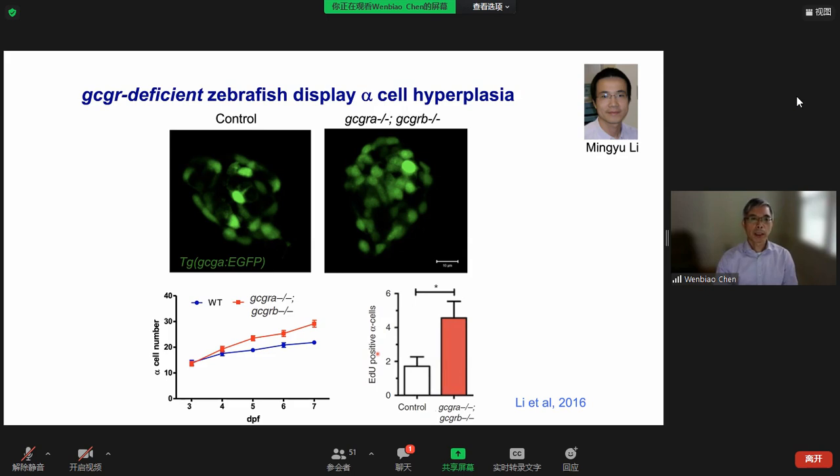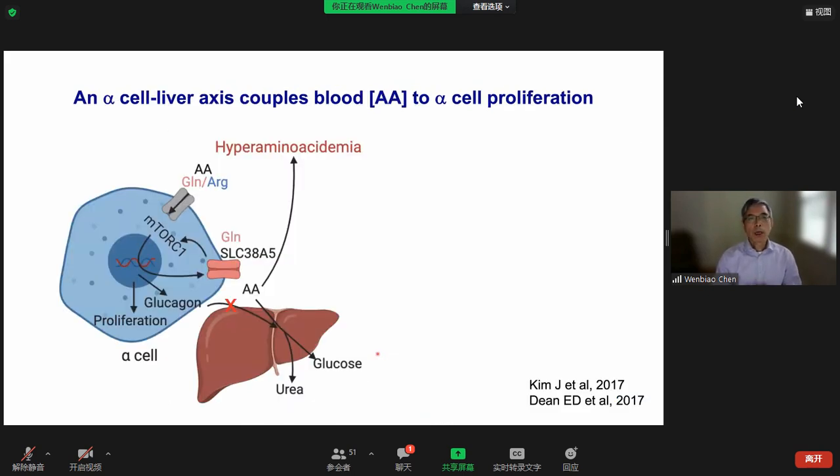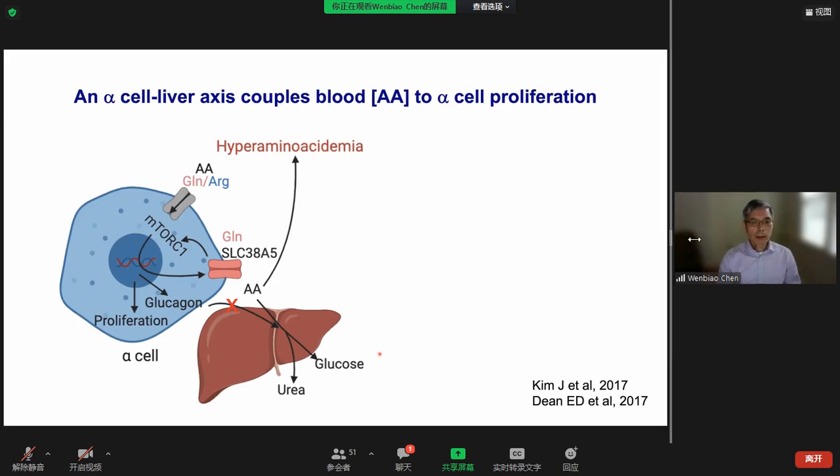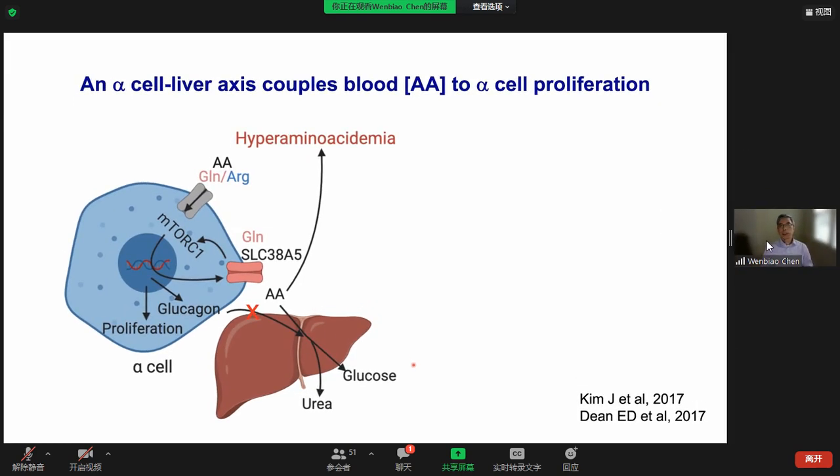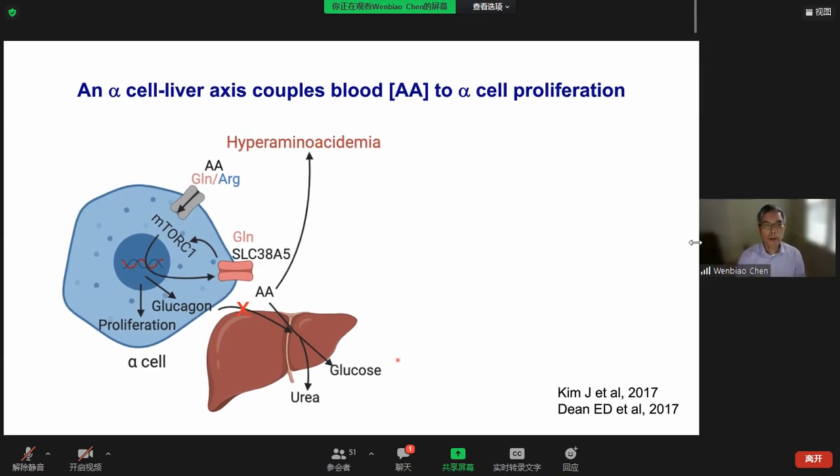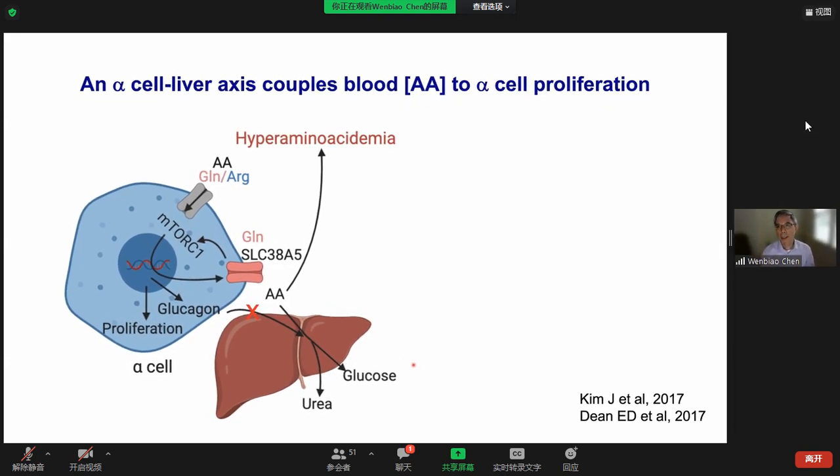And we found that the mechanism of this glucagon receptor deficiency-mediated alpha cell proliferation is due to increased amino acids in the blood. We know that the liver is involved in amino acid catabolism, to do gluconeogenesis and also for the urea cycle. And this depends on glucagon. When the glucagon receptor is knocked out or disrupted, the amino acids accumulate in the blood.